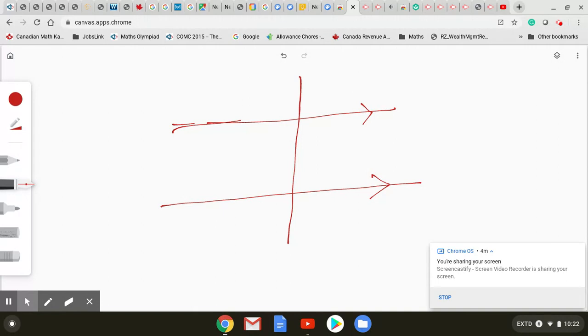And if you think about it, you can get the two parallel lines close to one another, not touching each other, but being very close to each other. And you can see that they are the same angles.